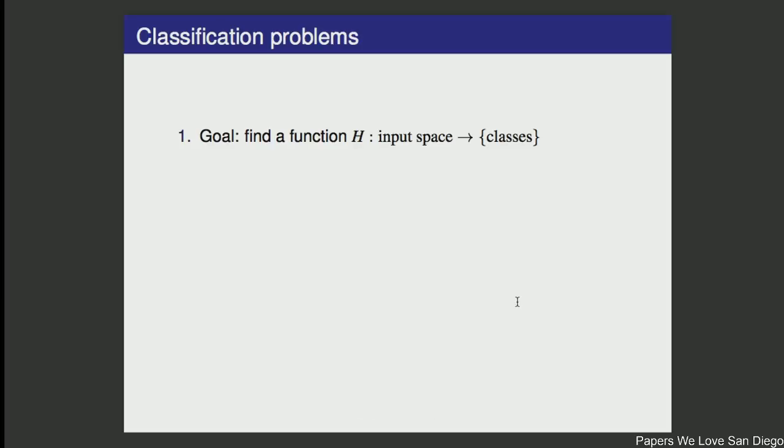So what's the goal of classification? The goal would be to find a function from your input space to a set of classes. So my set of classes could be like food items, for example, and the input space would be the set of pictures I can take with my new camera phone, right? So the input, all possible images that could come out of me taking a picture, and I want the output to be what food item is in this picture.